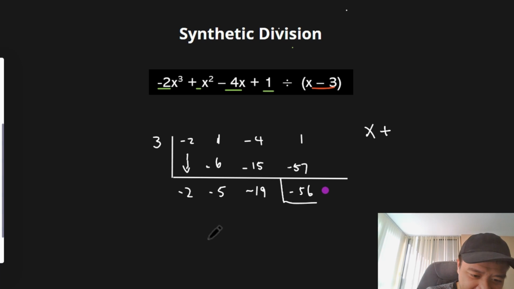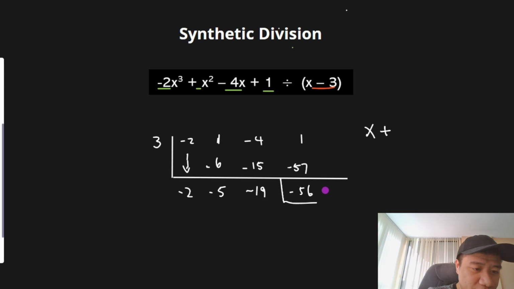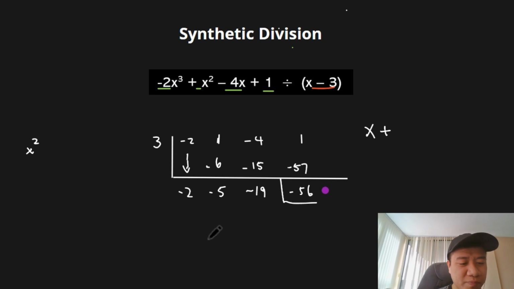So we have x squared. Actually, I'm going to write it somewhere else. So the highest degree term of our quotient is going to be x squared. Okay, and then this guy, the negative 2, this actually belongs as a coefficient of this.